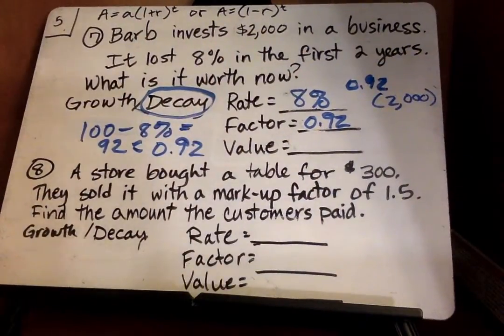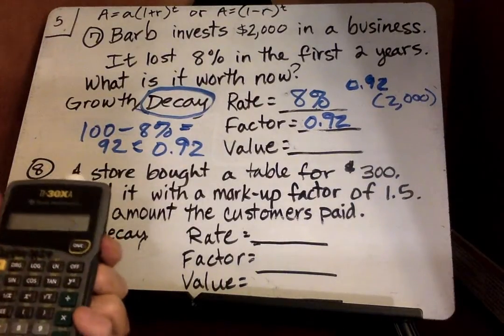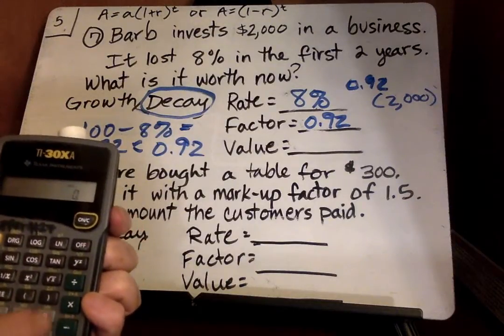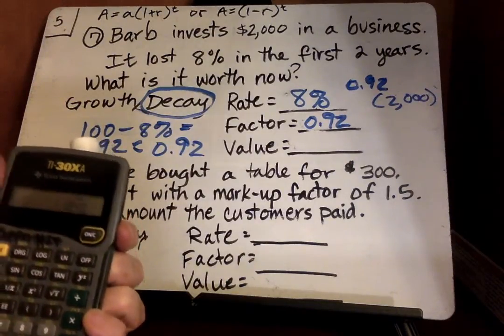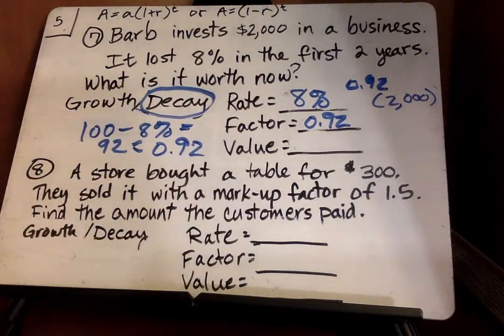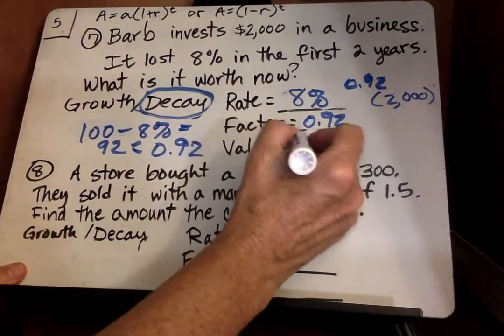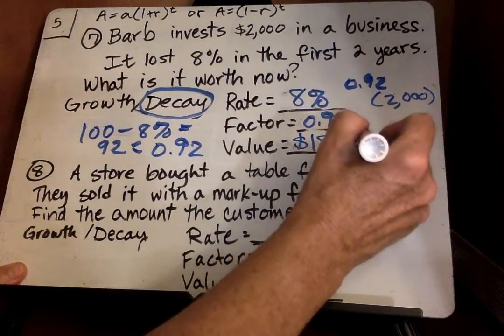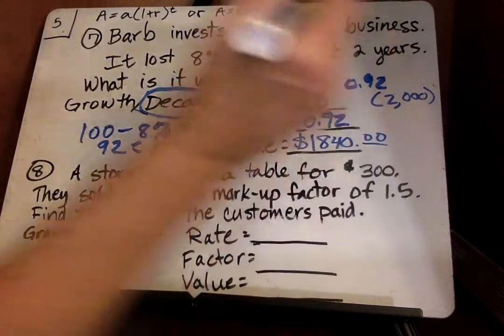So you get your handy-dandy calculator, and you say $2,000 times 0.92. And I get $1,840. And 0 cents. There you go.